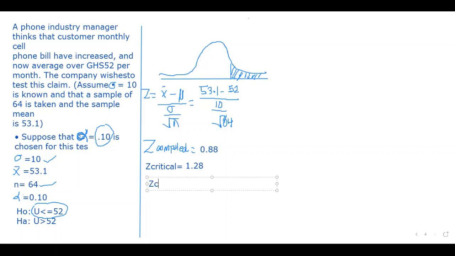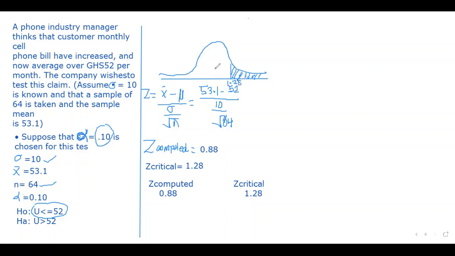I already know what we are going to compare. So we compare Z computed and what? Z critical. And you know that Z computed is 0.88. And Z critical is 1.28. So the critical value is 1.28.